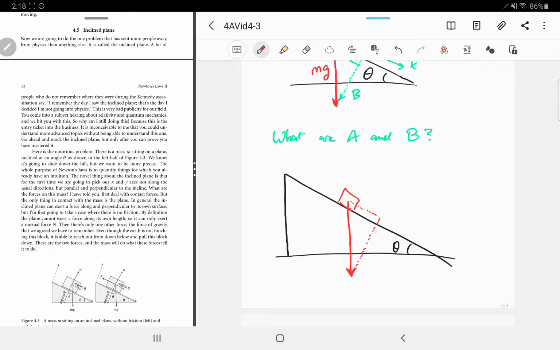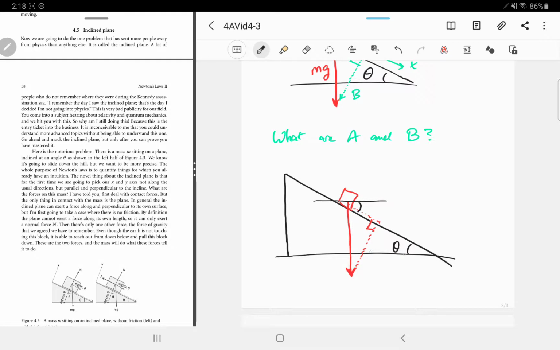So we have a bunch of right angles here. Let's bring that a little closer. Okay, this is a right angle. So this angle theta is the same thing as, let me draw another horizontal line here, this angle is theta.